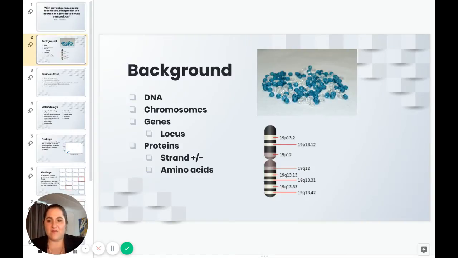The way that I like to explain how genes work is to picture beads on a necklace. So the entire necklace is DNA. And on a necklace, you can have multiple strands. Those various strands would then be the chromosomes. And then the genes would be the beads that are on those various strands.